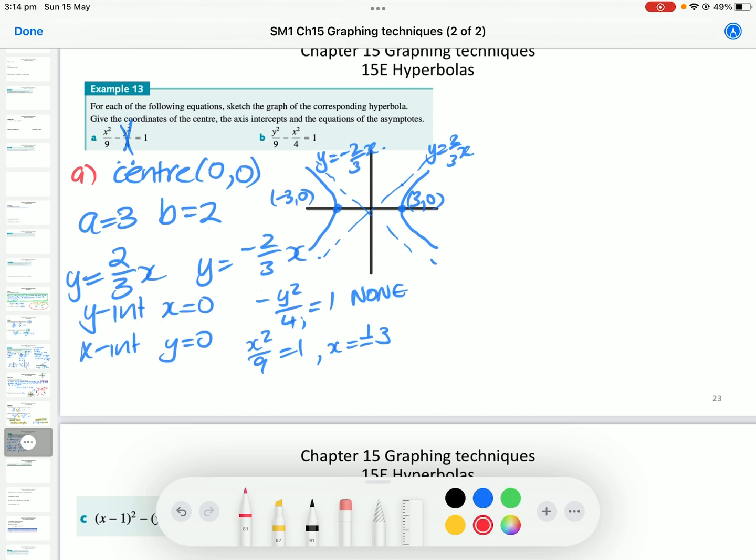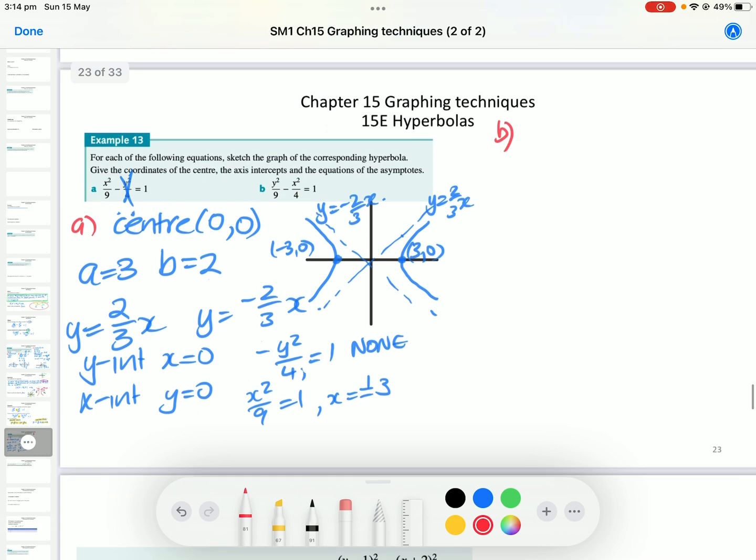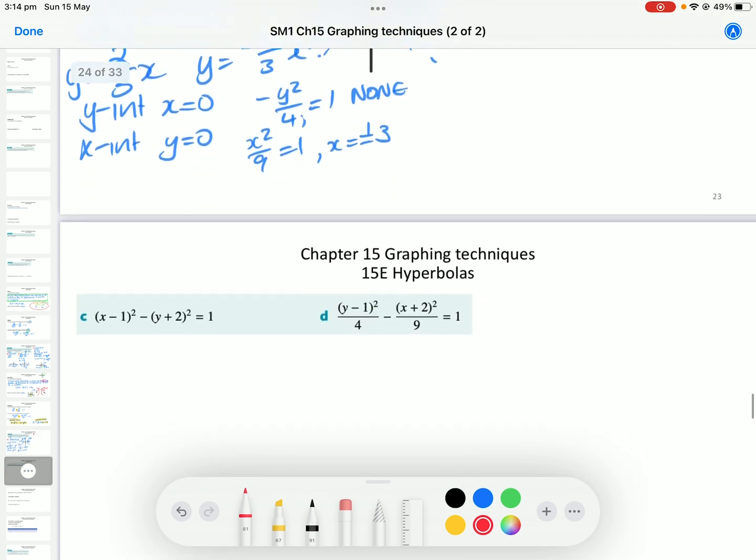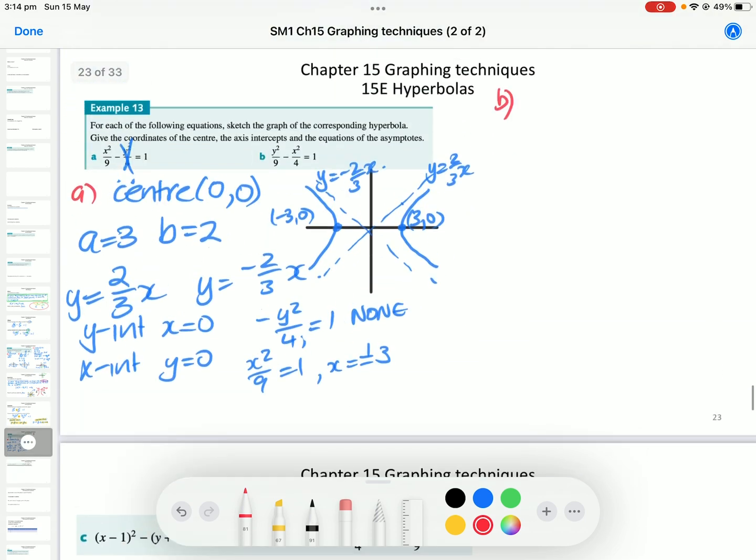Of course, they get a bit harder when we get to the ones that have been moved across. That's going to be below. So what I'm going to do here with b, it's very similar to that first one. A is 2 because it goes with the x, and b is 3. It goes with the y. X-intercept when y equals 0.